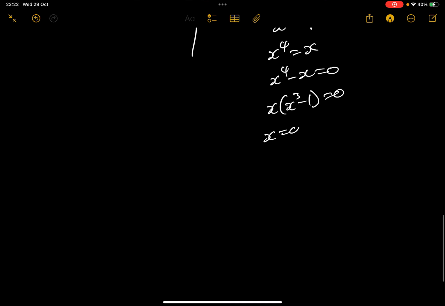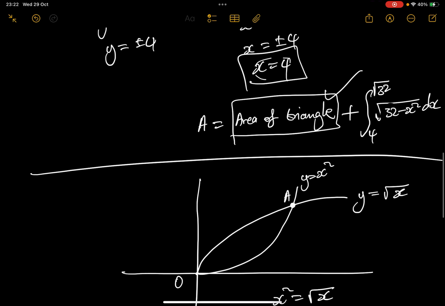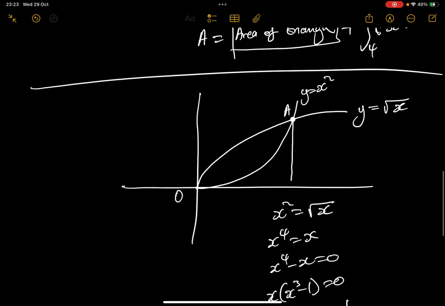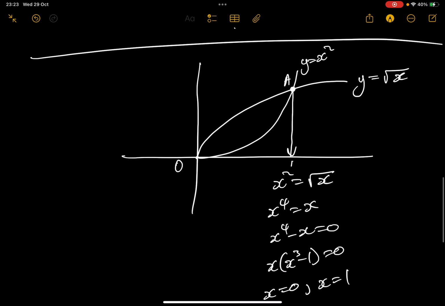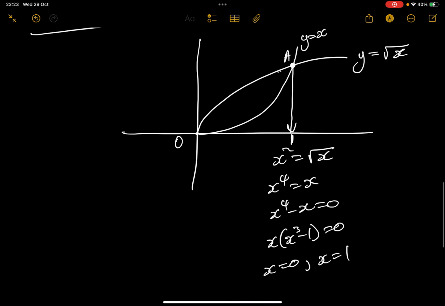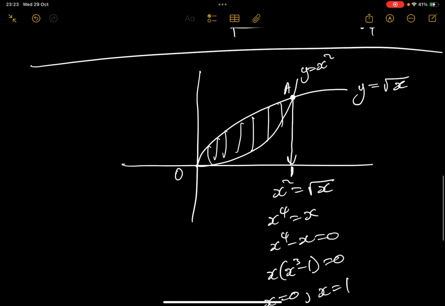So x is equal to 0, x is equal to 1. So here, this is positive 1. So now to find this region, what are you going to do to find this area?